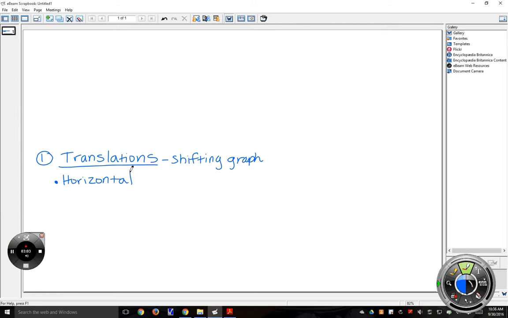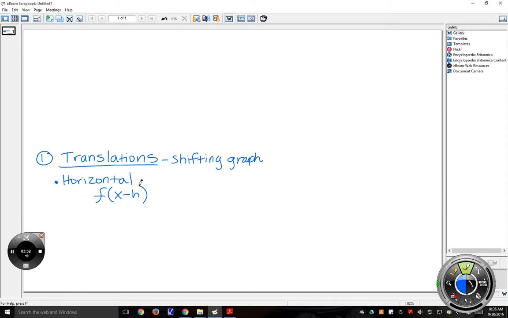So if there is a translation that affects x, you're going to see it inside of your function. So this is like the function notation for it. Whatever your function is, squaring, radicals, absolute value bars, there's going to be some number in there subtracted from x. And this subtraction is going to be part of our formula, okay?